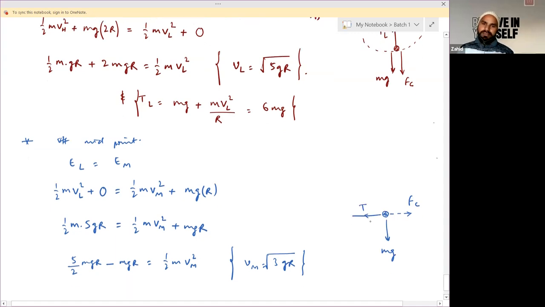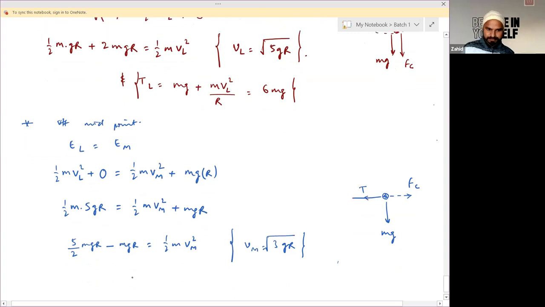So in this case, you will say tension is balancing the necessary centrifugal force only. So tension at midpoint equals F_c, which equals m v_m squared over radius, and that will be just 3 mg.